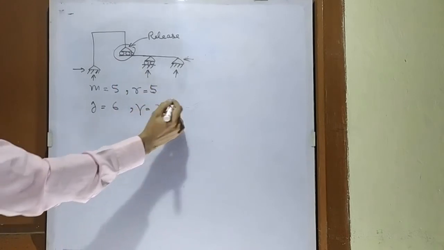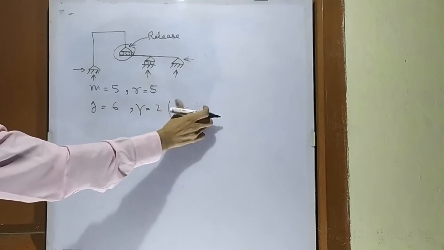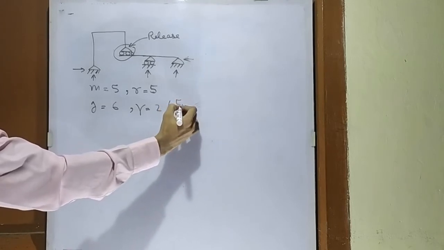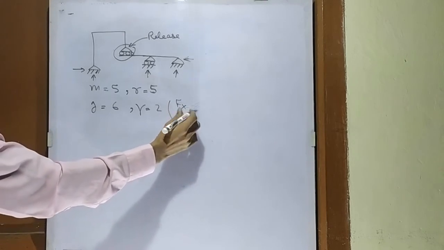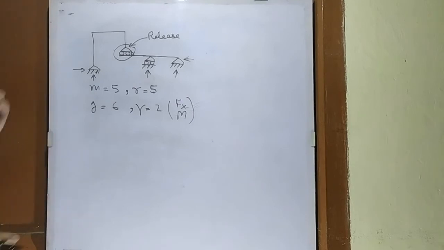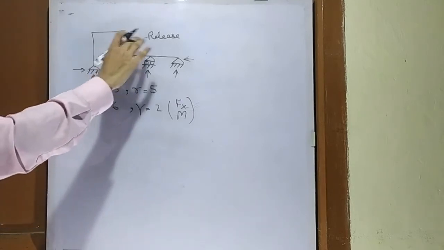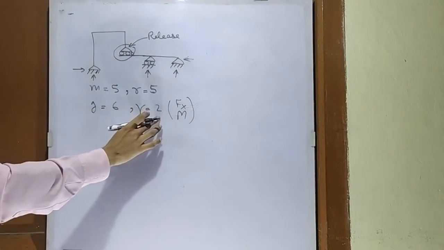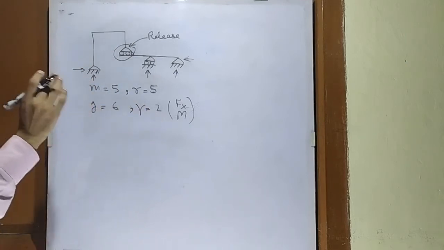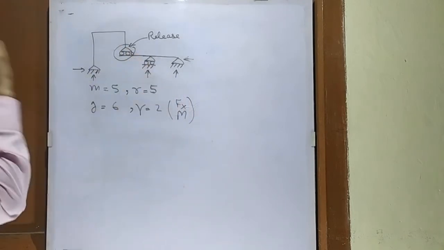So the 2 releases are, let us write like this, Fx, and the other is moment. So this roller, we are assuming it as a release. This will release 2 reactions. One is the horizontal reaction and the other one is moment.